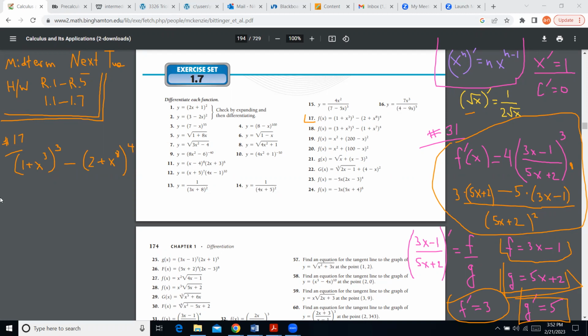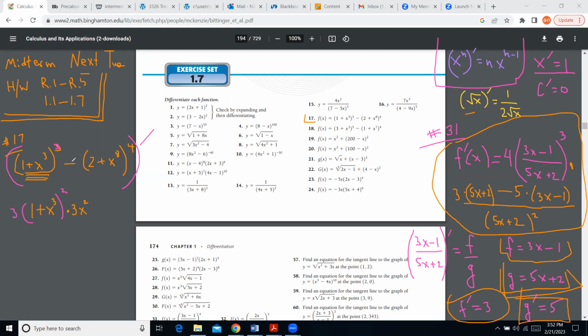When I take the derivative of this whole difference, my first concern will be the cube, and then the parentheses will be squared. Whatever is inside is going to be copied, but the chain rule tells me to multiply by the derivative of what's inside the parentheses. The 1 goes away, so multiply by 3x squared. So I'm done with the first piece.